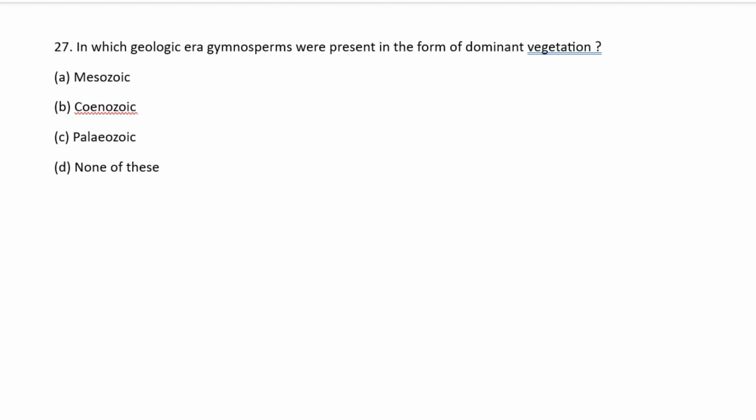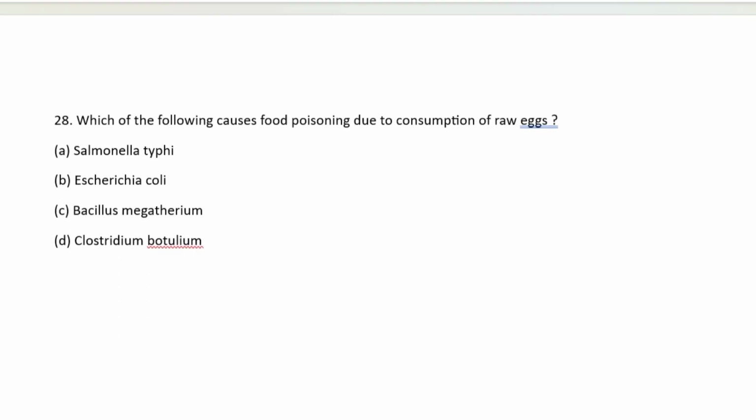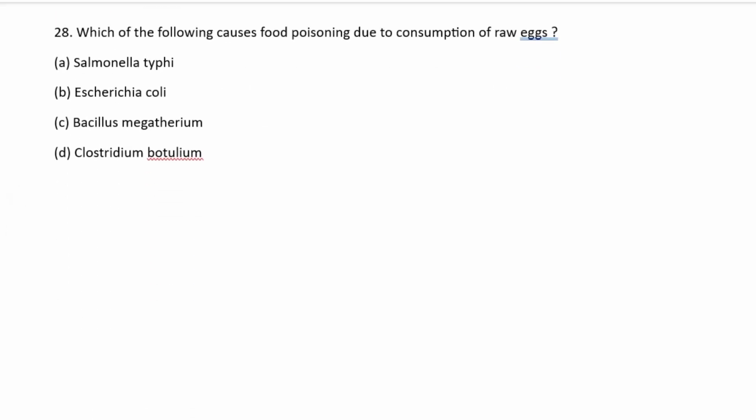I guess basically gymnosperms appeared in the Paleozoic era, but when we are talking about dominant vegetation, then it was in Mesozoic. Yes, in the Mesozoic era it was the dominant plant life. So for question number 27, option A will be the right answer. Mesozoic.